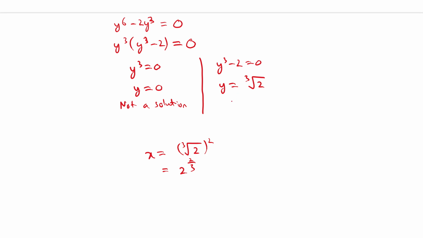And similarly, I can also write the y coordinate as a rational power as 2 to the power of 1 upon 3. So we have found the x and y coordinates of point P. The x coordinate is 2 to the power of 2 upon 3 and the y coordinate is 2 to the power of 1 upon 3. So this is how we solve question number 7.